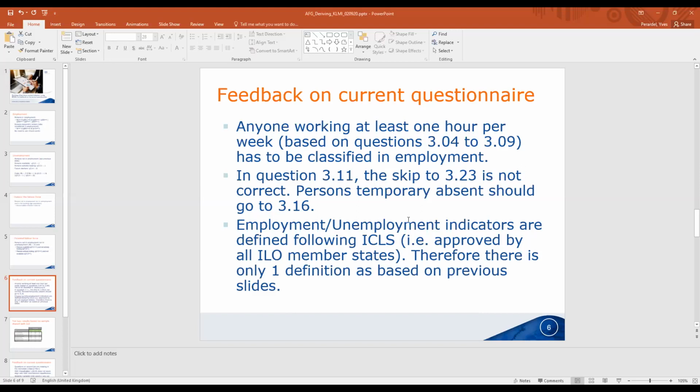Because for the persons temporarily absent, we will not be able to classify them by ISCO and ISIC as they are not responding to this question. I wanted to highlight this, unless you have any comments on it.